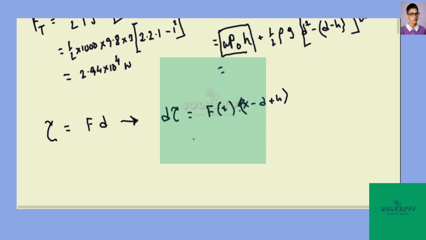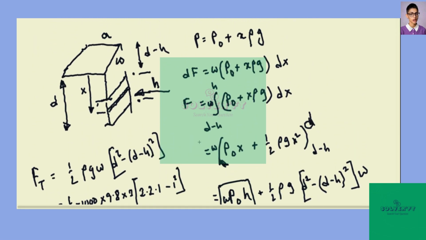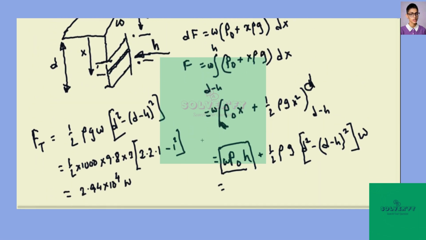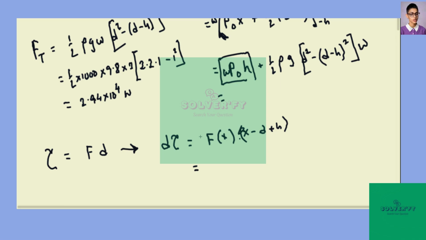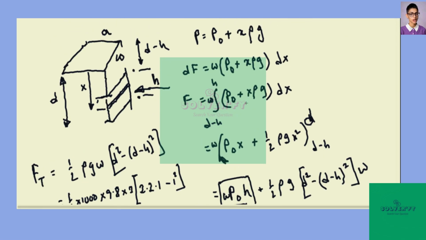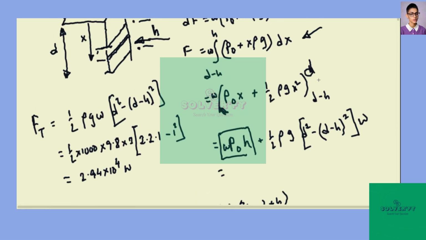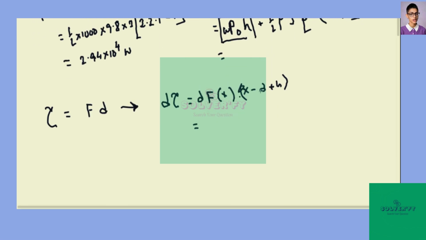Now we will have to write the force again. The force is given by, so we are talking about the differential force in the section, and we can just use this formula again. So that will be rho g w x times x minus d plus h, and the height of the section is dx.